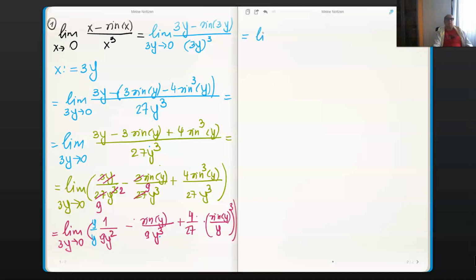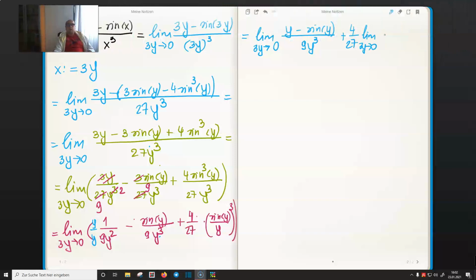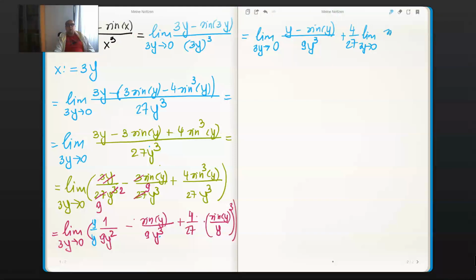Now we have the limit, 3y towards 0, of y minus sine of y divided over 9y cubed, and let's separate it to the new limit, 4 divided by 27 times the limit of sine of y divided over y to the power of 3.